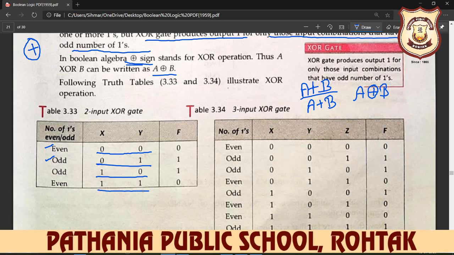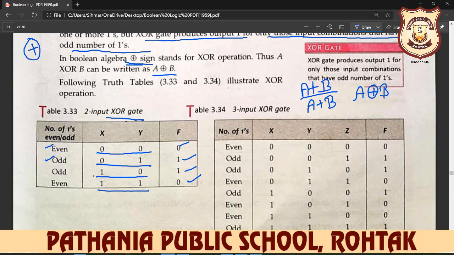So in the definition we learned, if the number of ones is odd then you write 1, if even then you write 0. So here is even, so you write 0. Here odd, so you write 1. Here again odd, so you again write 1. Here again even, so you write 0. So this is the truth table of your XOR gate.